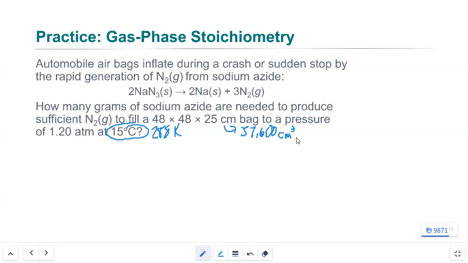Goes back all the way to chapter 1. Definition of a milliliter as a cubic centimeter. So that 57,600 cubic centimeters, that means that it's 57,600 milliliters. Divide that by 1,000, it's 57.6 liters. So now we have all three of the dimensions in the units that we want it to be.